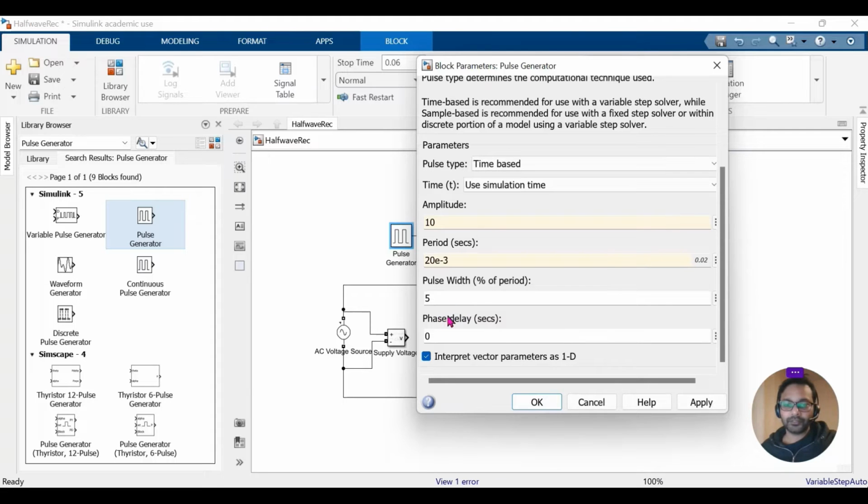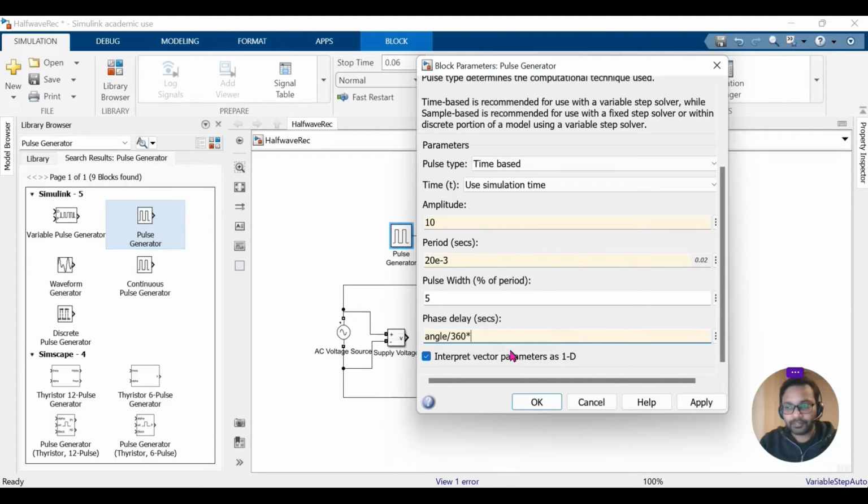Pulse width is 5, and the phase delay, I'm going to use a variable angle. That will allow me to change the firing angles. I will tell you how to set the value of this variable later on, but for the time being, let's use this variable.